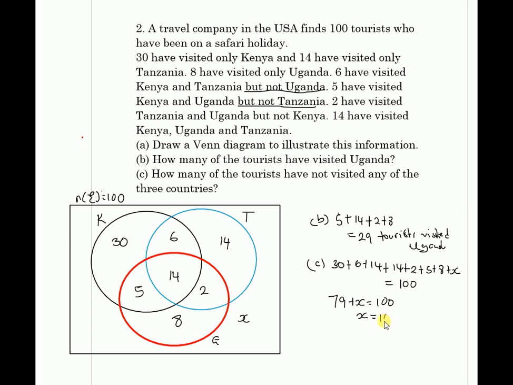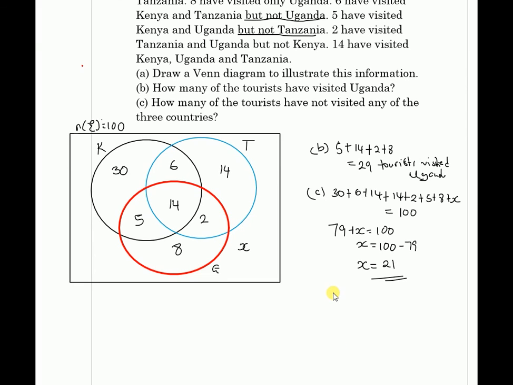So x is equal to 100 minus 79, giving us x equal to 21. So part C, how many tourists have not visited any of the 3 countries, is 21. 21 tourists didn't visit any of the 3 countries.